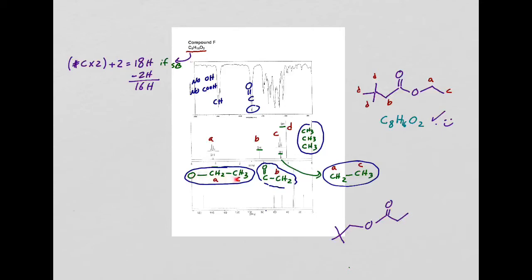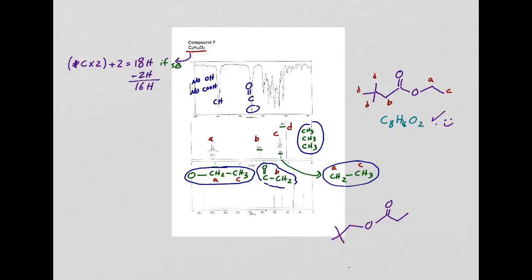Because when you look over here, the CH2 that is directly attached to an oxygen is a quartet, so it has to be attached to a methyl. So this peak has to be together. That's not the case here. This oxygen is attached to a CH2, correct, but this CH2 is attached to a carbon that has no hydrogen.